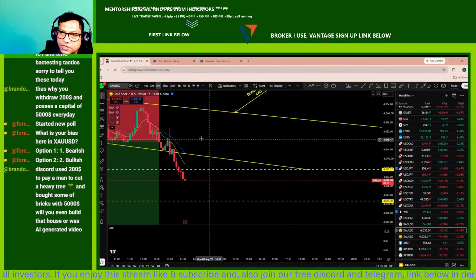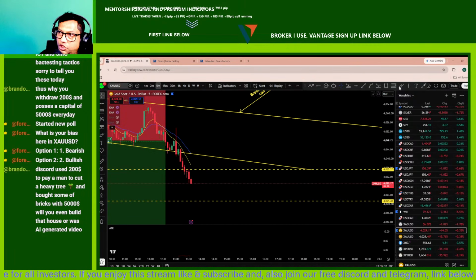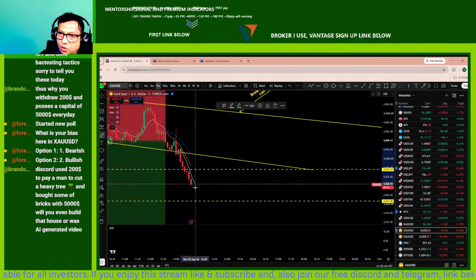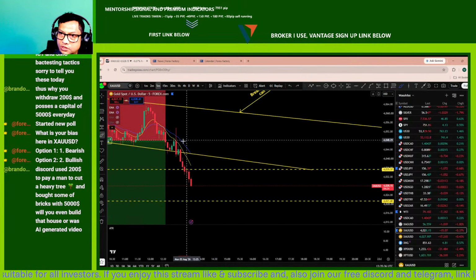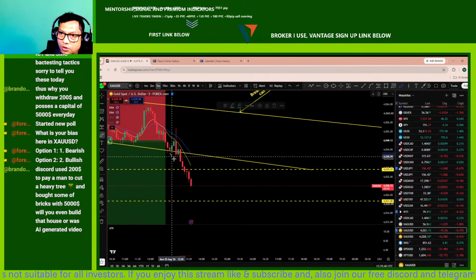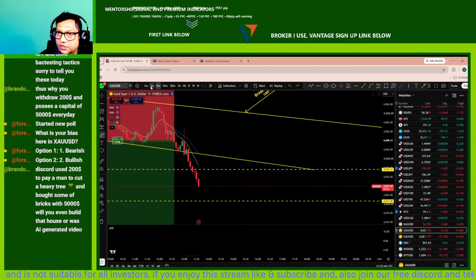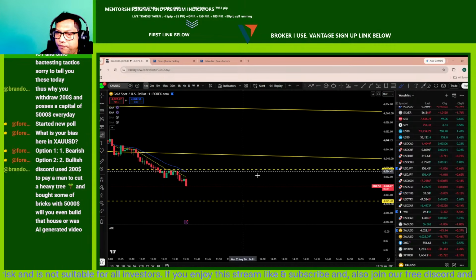Okay, you can see the price slowly breaking that shadow here with a series of lower highs and lower lows, which is still showing the downtrend.